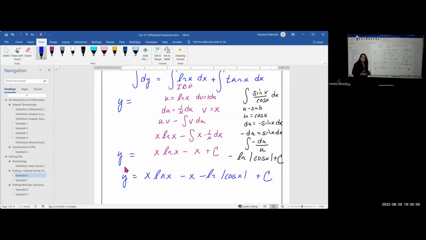If we had an initial condition, I knew that x was some value and y was some value at the same time, then I'd be able to substitute for x and y and be able to solve for c. But in this particular one, we don't have an initial value, so this gives us the general solution.